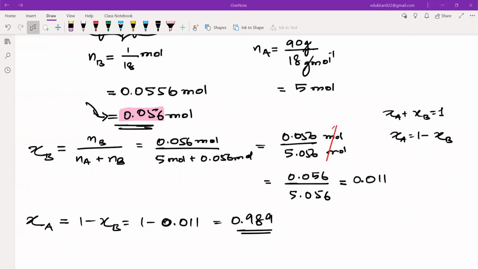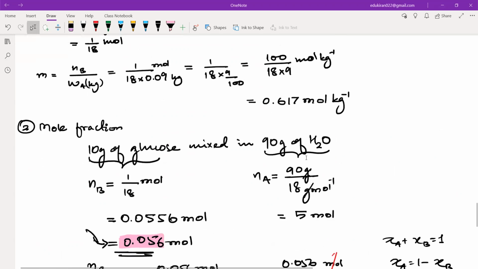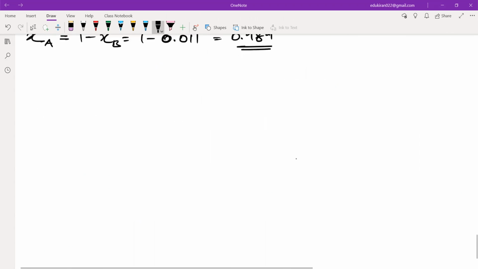Yes, Rita, correct. So all of you are done with this question, yes or no? यहाँ तक हो गया ना सबका? So this is mole fraction. Now the third part is molarity.